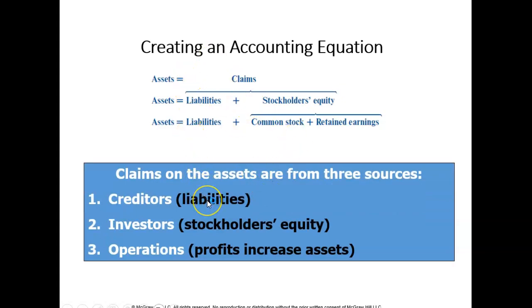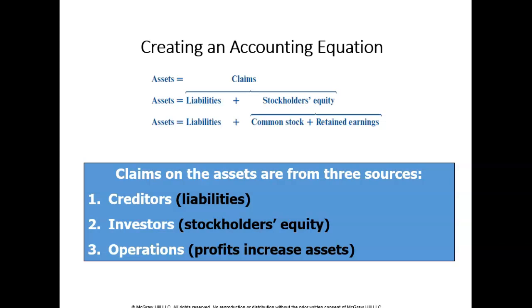Then you have liabilities and you have stockholders' equity. So the equation says assets equal liabilities plus stockholders' equity. Well, liabilities, remember we talked earlier, if I'm trying to start my own business and I need capital, I need resources.